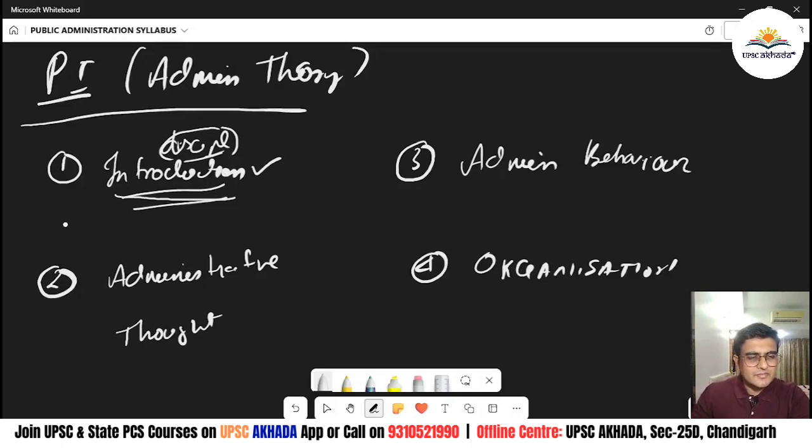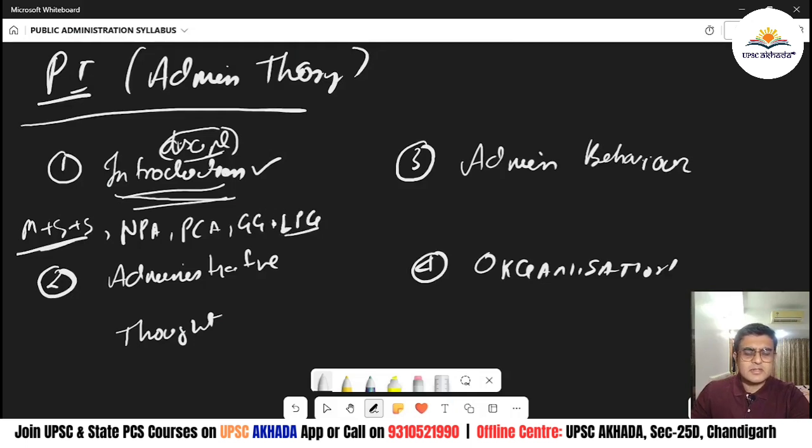It has various components like meaning, scope and significance of public administration, then new public administration, NPA, then public choice approach, then good governance, LPG aspects, impact of LPG on administration, new public management, and evolution of public administration, and it also mentions one thinker, Wilson.